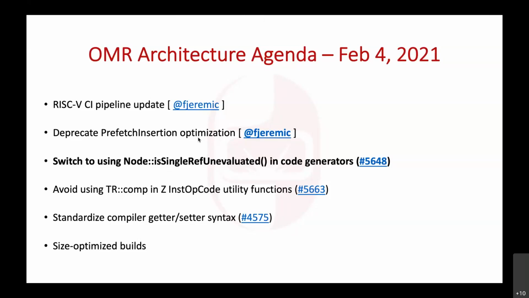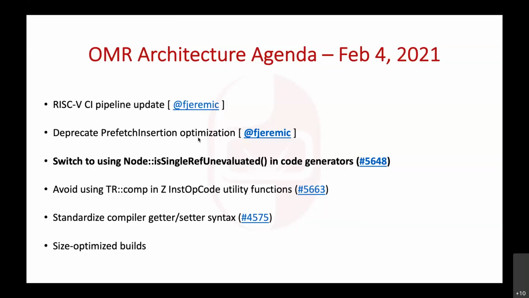There's one function called isSingleRef, which all it does is check whether or not the node's reference count is 1. And then there is a second API, isSingleRefUnevaluated, which checks if the reference count on a node is 1 and a register has not been set on that node.